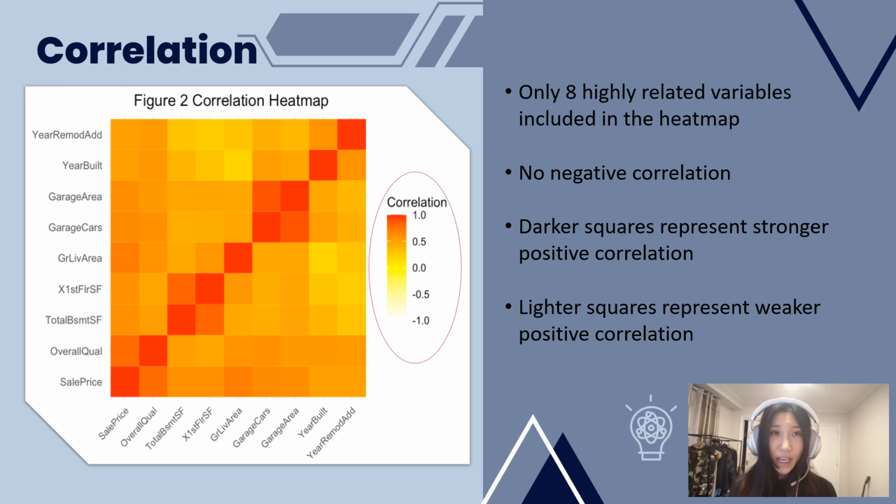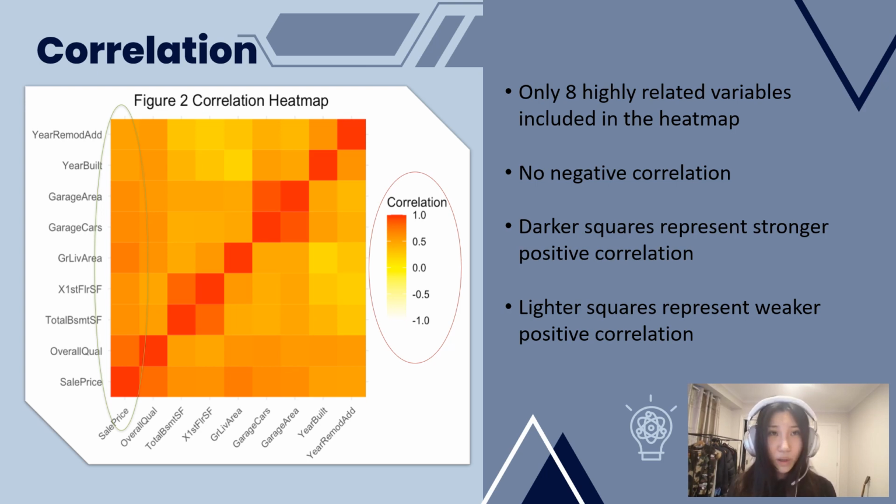Since we are only interested in the relationship between the sales price and the 8 variables, only the first column is relevant. There is no negative correlation in this heat map. This is because a component in a house will not decrease the house price in reality. As the shade of the square on the graph darkens, the variable will be more positively correlated with the sales price.